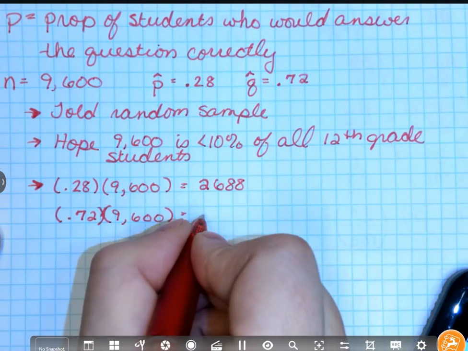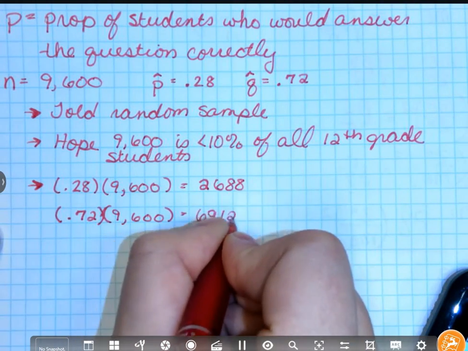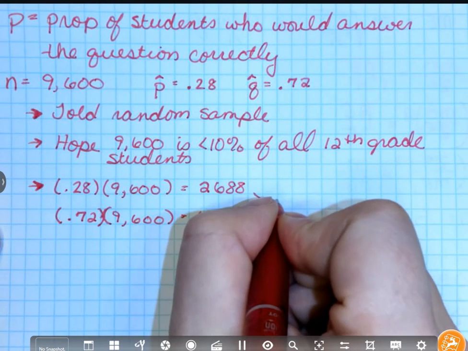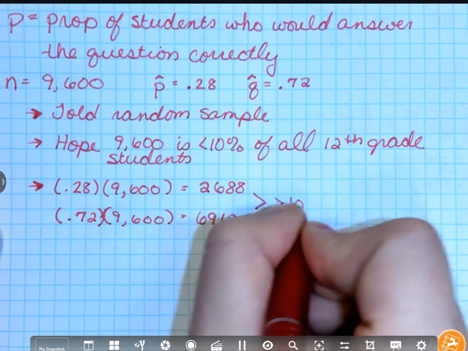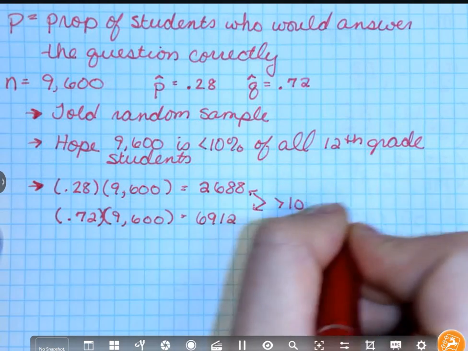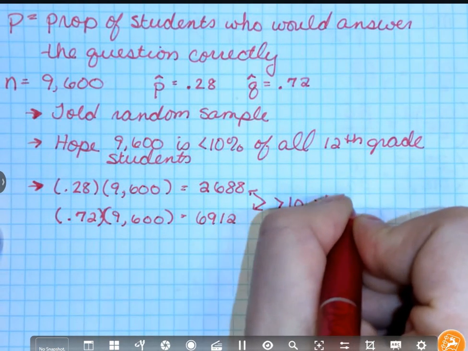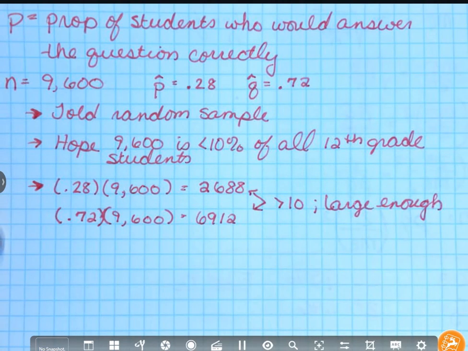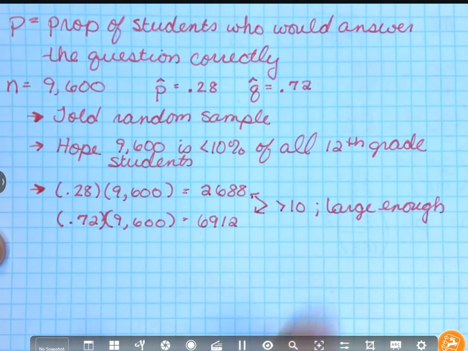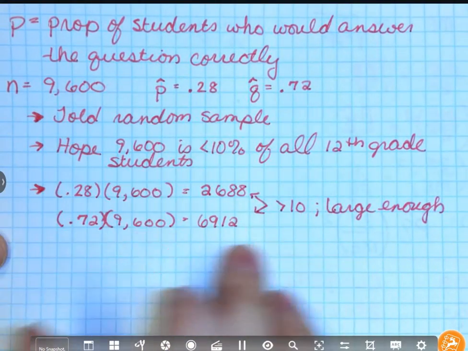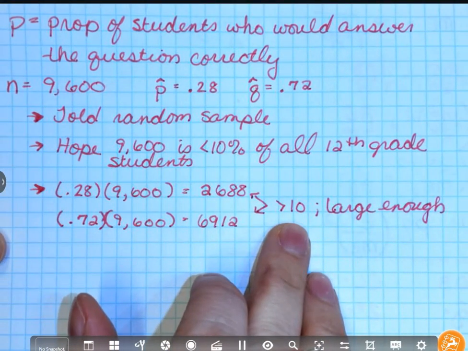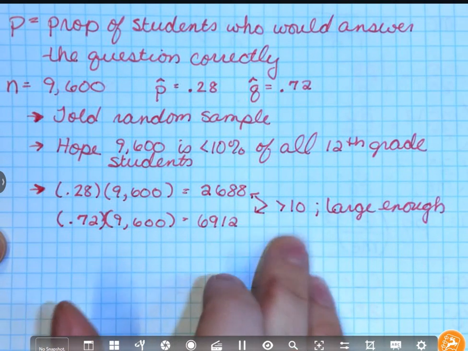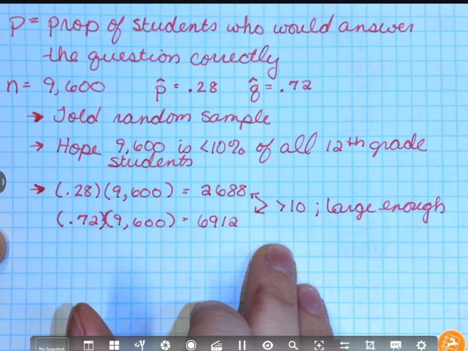What do you get? Okay, and both of those numbers are greater than 10, so large enough. This here is my think part of the problem. Although the question does not set out and ask that, if you do not show it, you have lost a large majority of the credit.